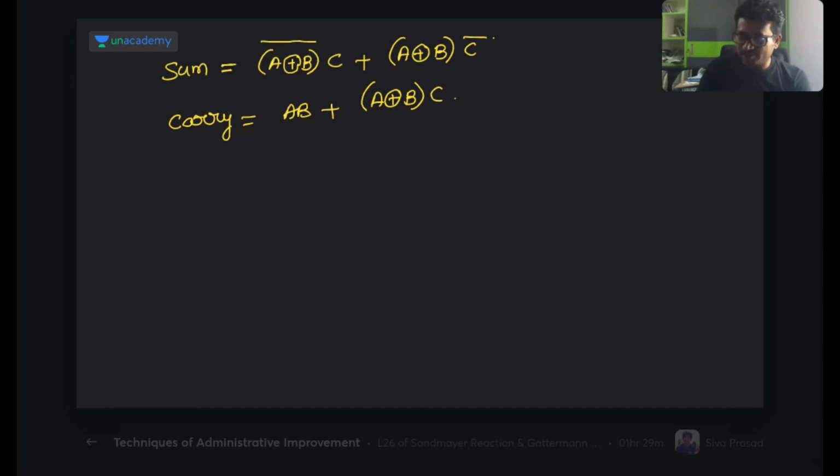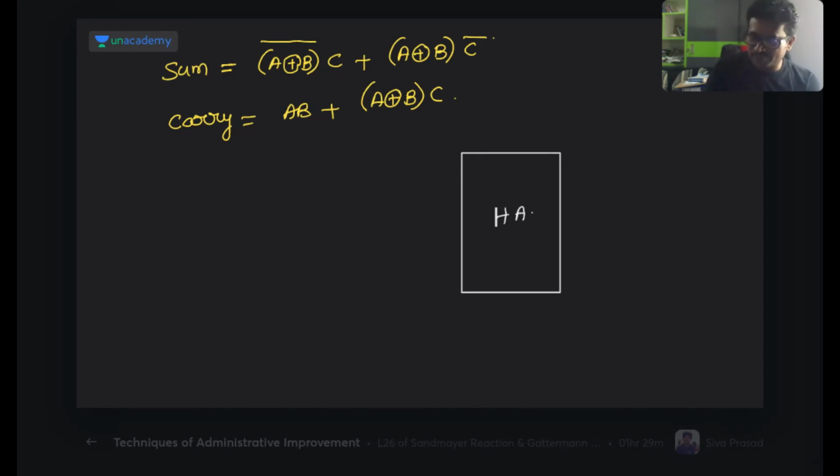Consider I have taken one half adder. This half adder has two inputs and two outputs. Consider the inputs are P and C. We get a sum here and a carry here.